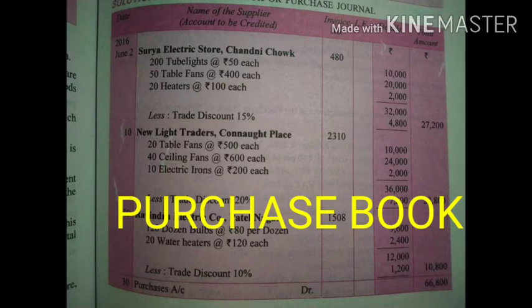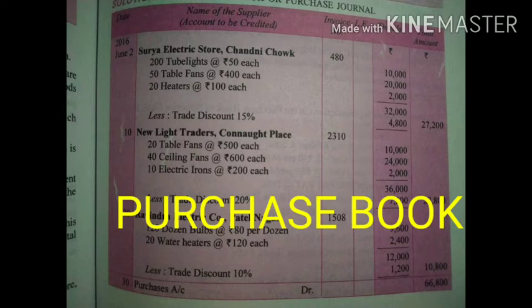In this column, the different dates on which the goods are purchased are shown. As in the double entry system, transactions are recorded in chronological order, so earlier transactions are recorded first, and later ones afterwards.